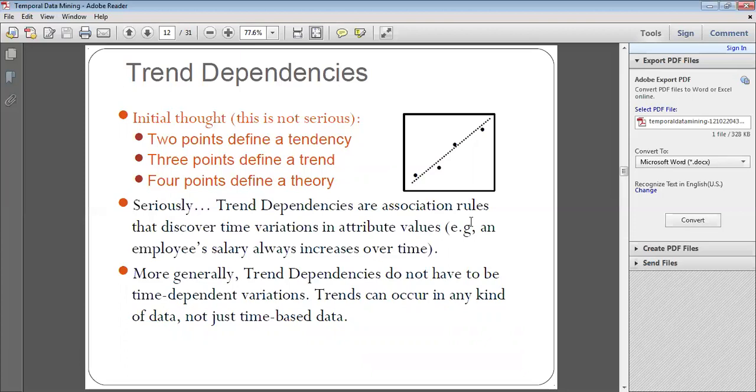These are just simple statements, not hard and fast rules, but they can be used to find the tendency, the trend, and the final theory for the time-related data which occur in a sequence and are related to each other via some association rule and an assumed probability.